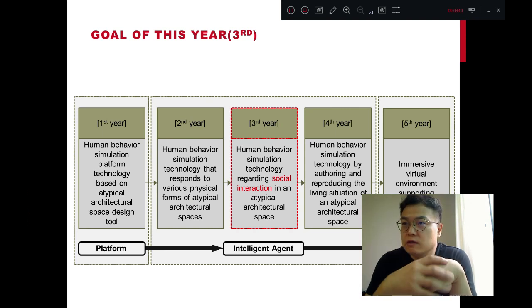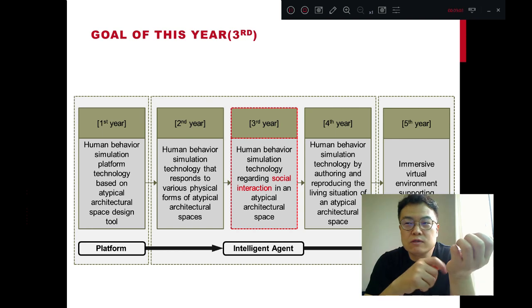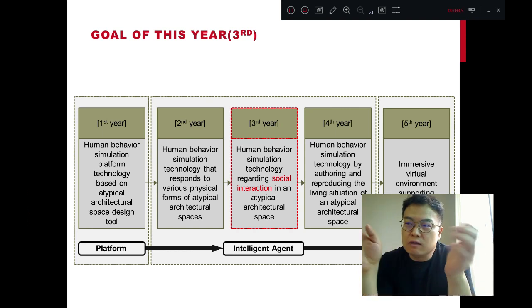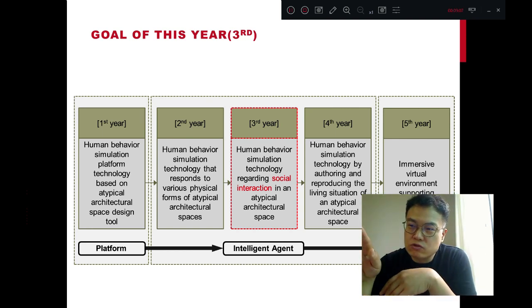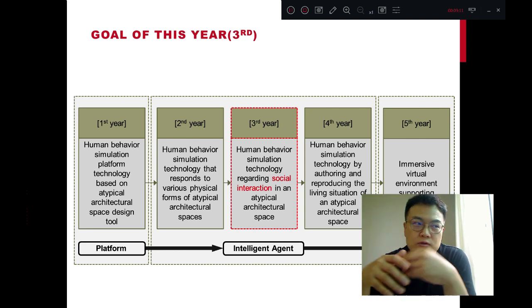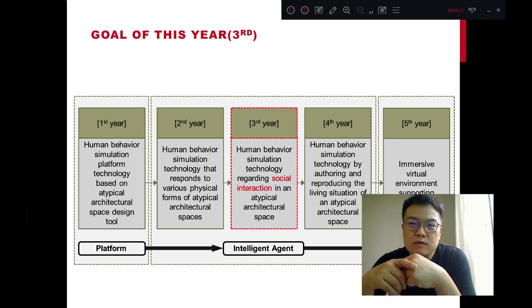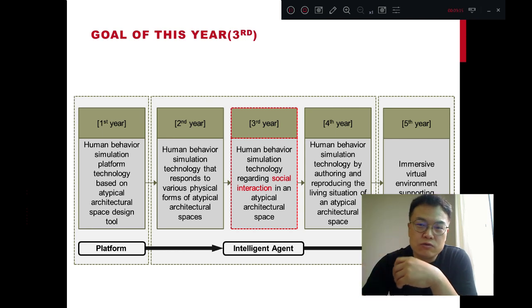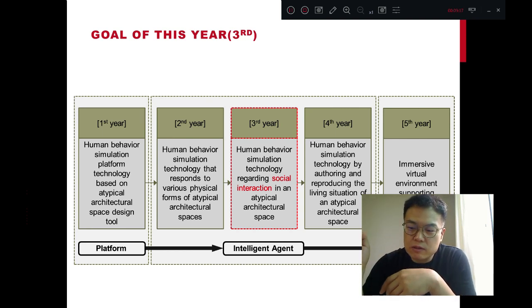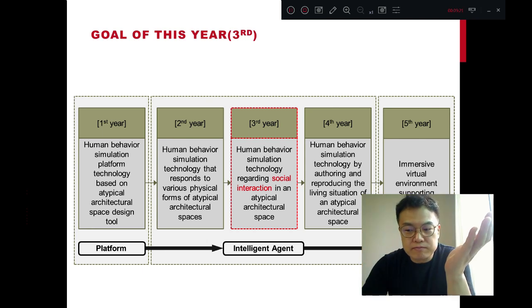In other words, a typical architecture shape is not normal. That's why the behavior interacting with the atypical building is going to be different.